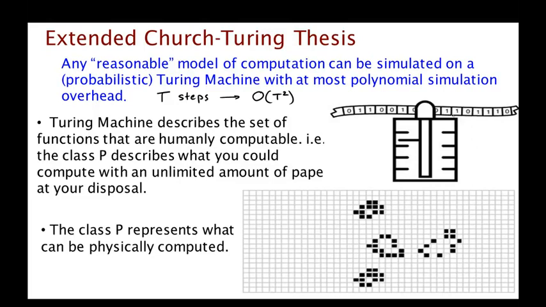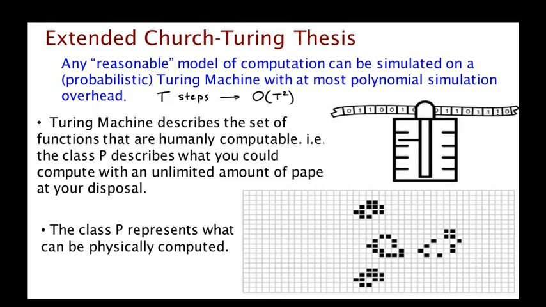So you have a mathematician armed with an infinite supply of pencils and paper, and you want to know, what can this mathematician compute? What are the problems that this mathematician can solve in a reasonable amount of time? Well, that's what polynomial time describes in this one interpretation.